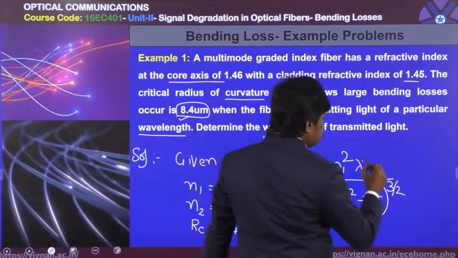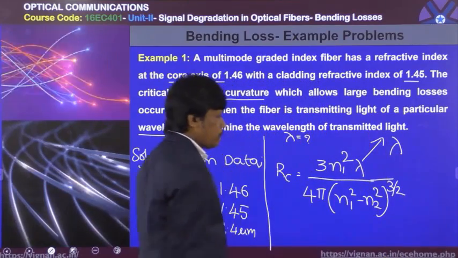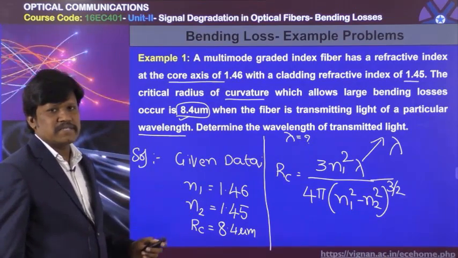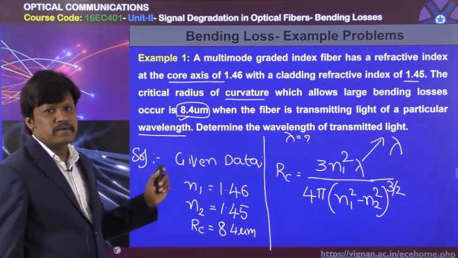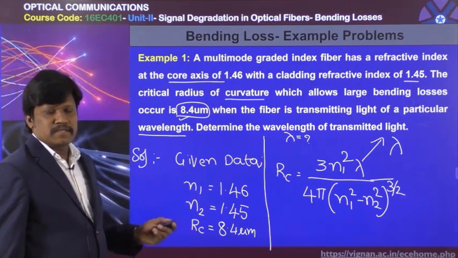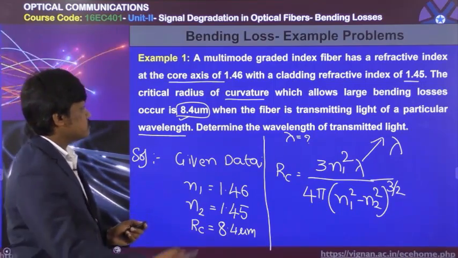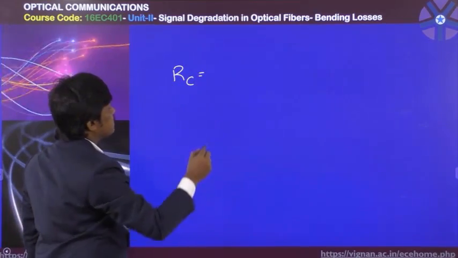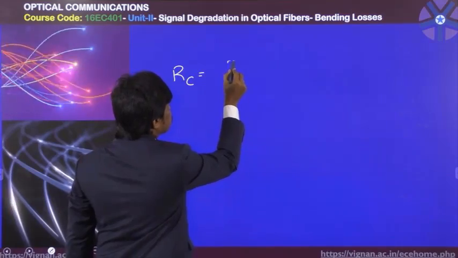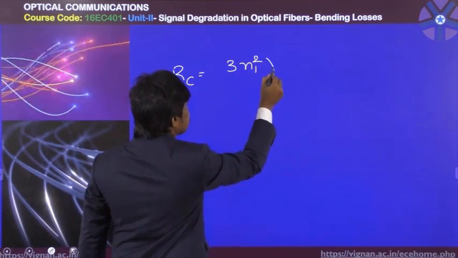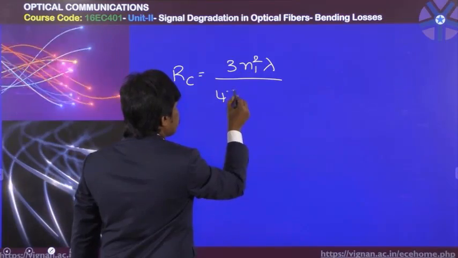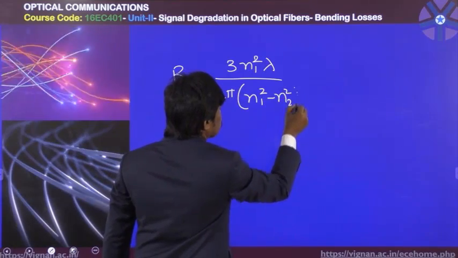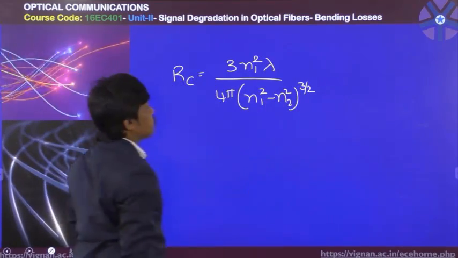We need to find lambda. So rewrite this equation to find the wavelength of the transmitted light. RC is equal to 3 n1 square lambda by 4 pi into (n1 square minus n2 square) whole power 3 by 2.